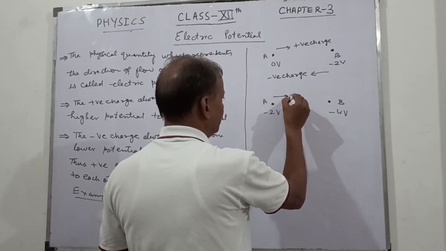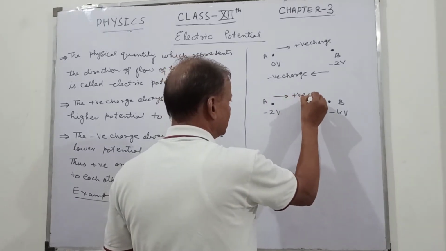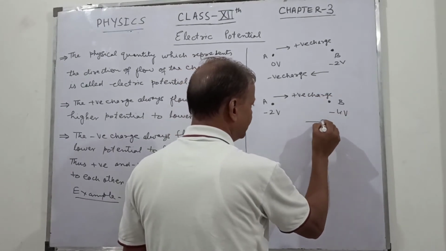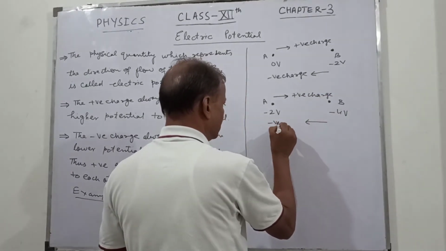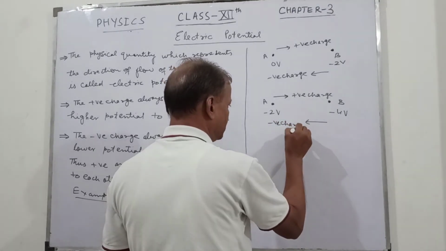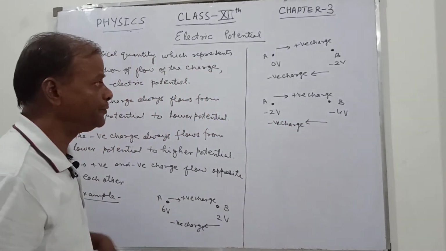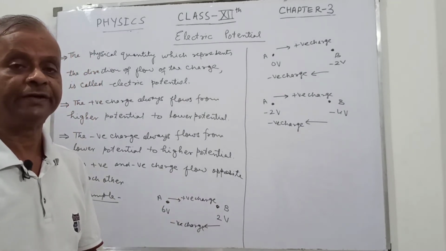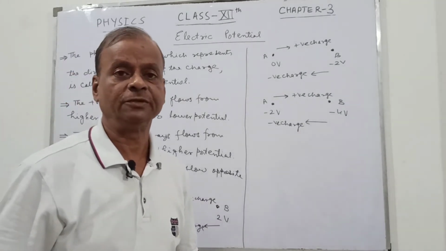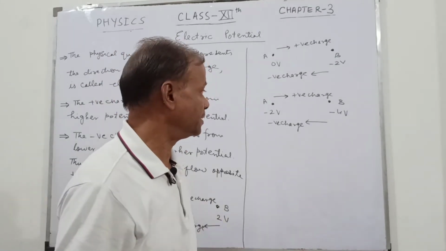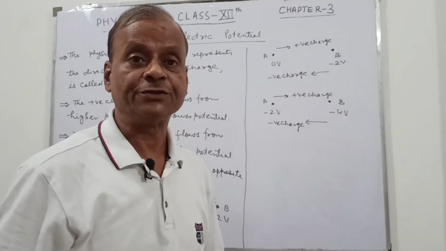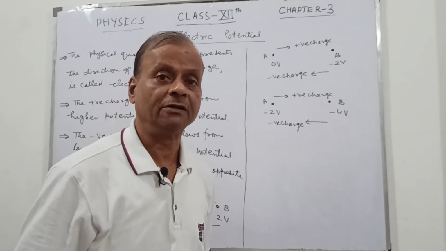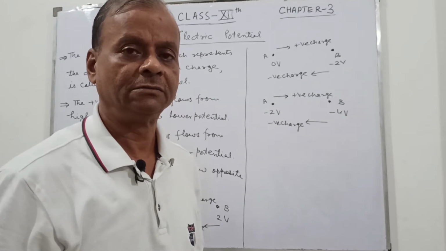This is the flow of positive charge, and this is the flow of negative charge. So in this way, if you know the electric potential at the points, you can find the direction of the flow of the positive charge and the negative charge. So this clarifies the physical meaning of the electric potential.